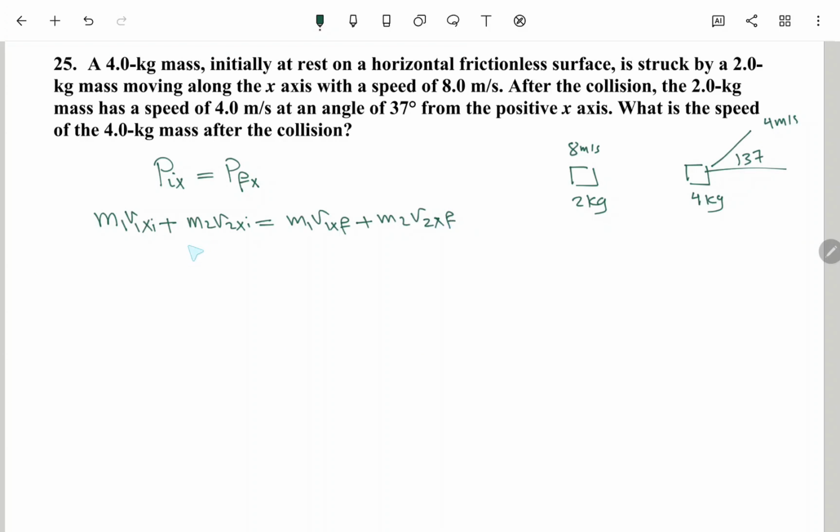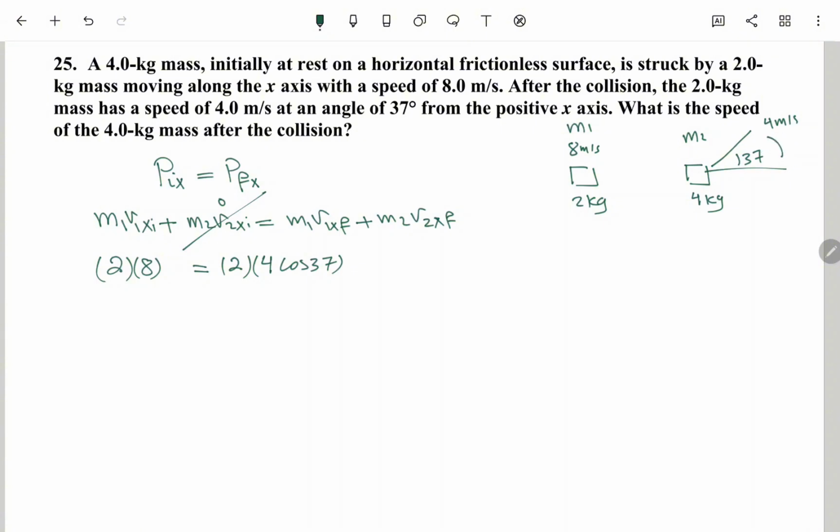Now the second object is initially at rest, assuming this is m1 and this is m2, and you substitute the numbers, 2 times 8 equal to 2 times 4 cosine 37.